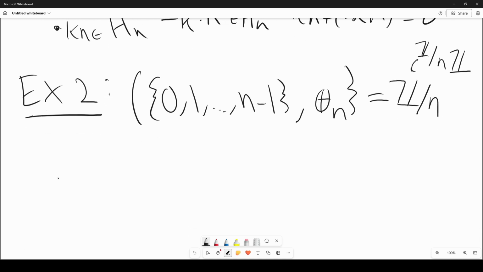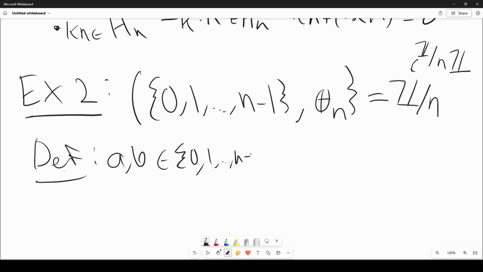Okay. So, let's define this addition. Take two numbers a and b in the set 0, 1 to n minus 1. And a o-plus b equals a plus b mod n.